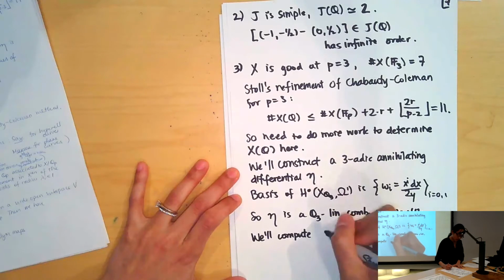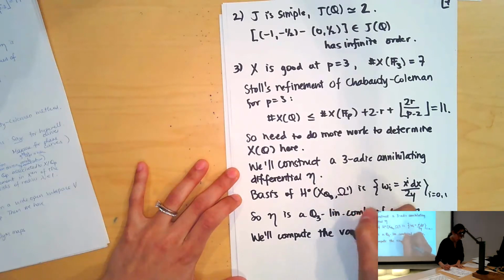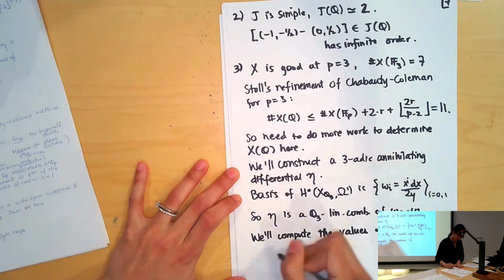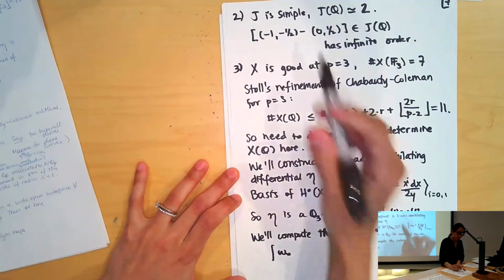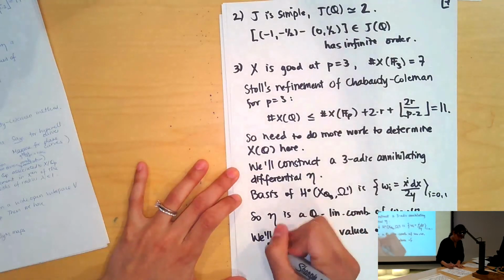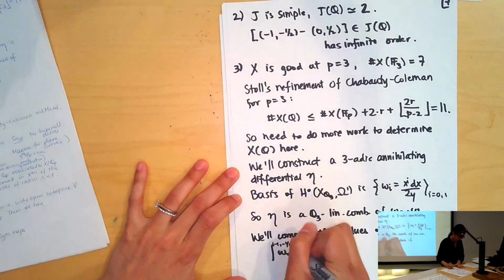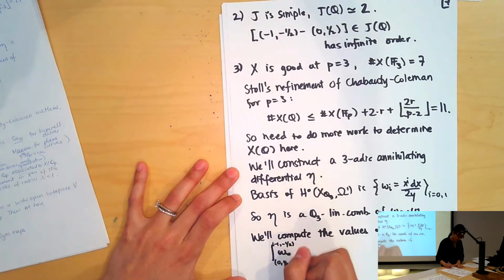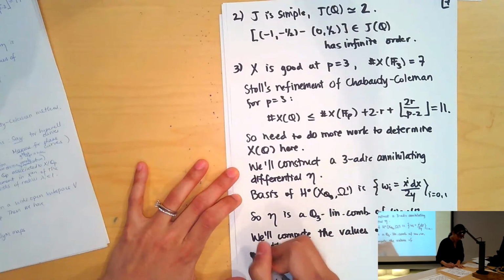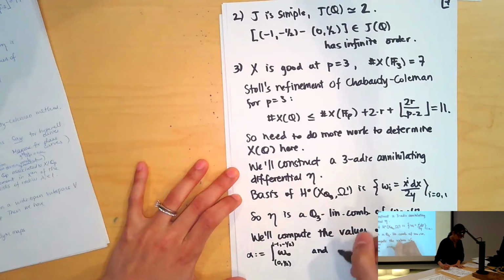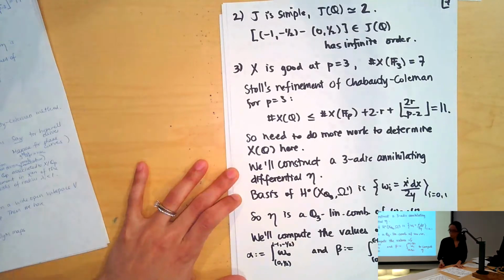We'll use the values of omega naught along this divisor, (-1, -1/2) minus infinity, the point of infinite order that we wrote down. Maybe I'll call that alpha. And beta, which will be the integral of omega 1 along the same divisor.